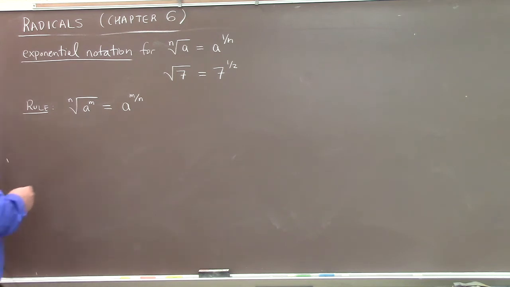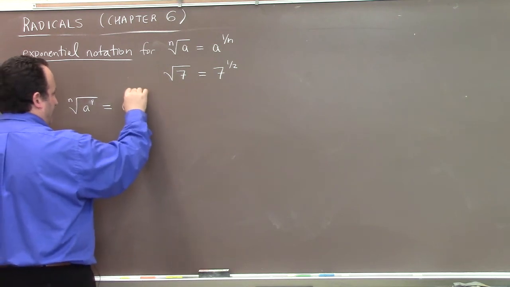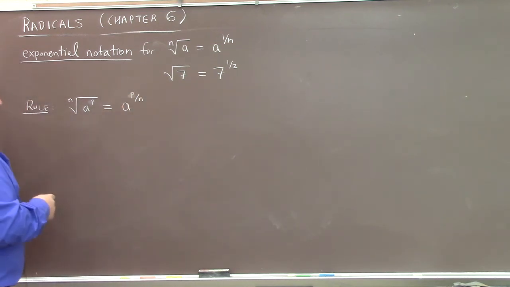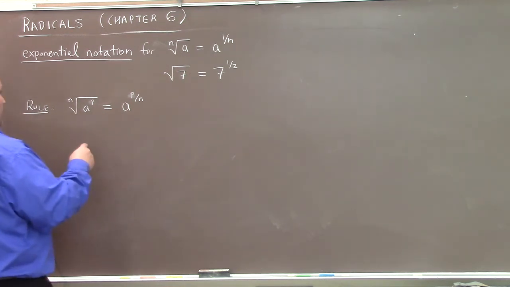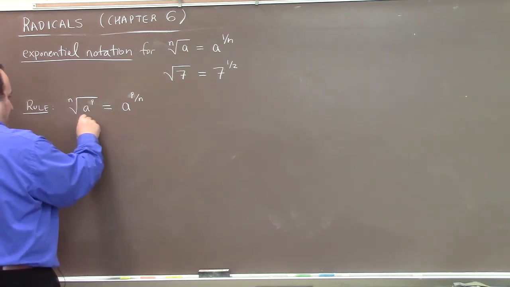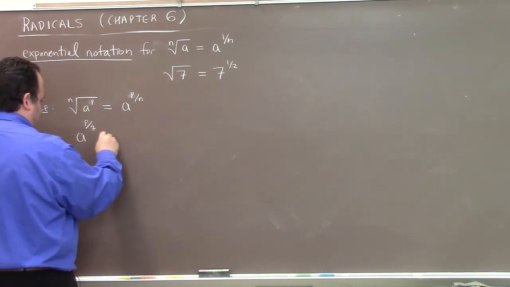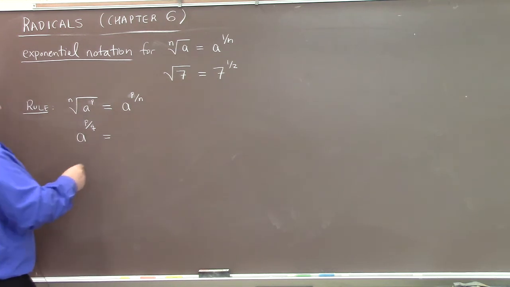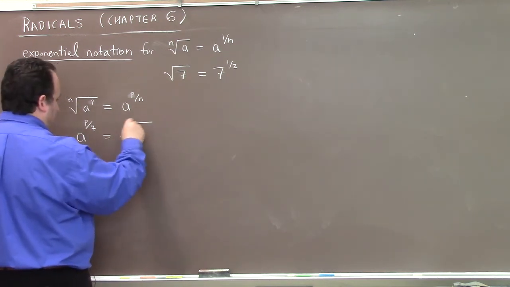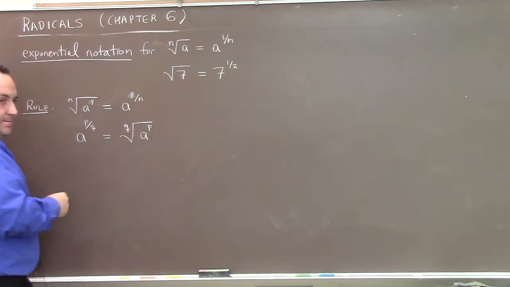Let me make it weirder, with p there. In other words, a to the, let's say, p over q means the qth root of a to the power p, right?